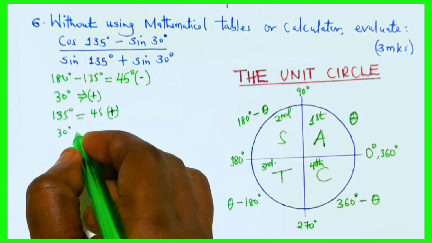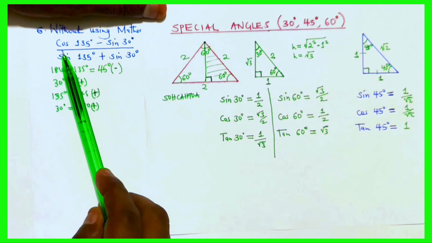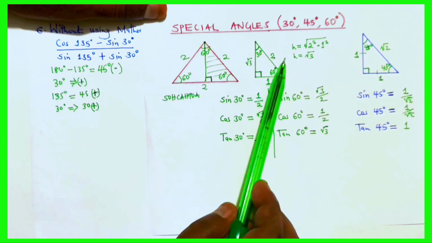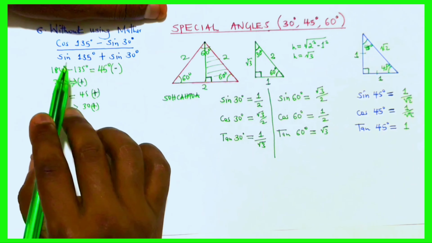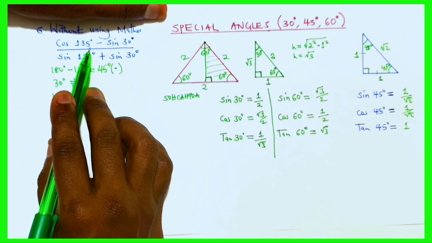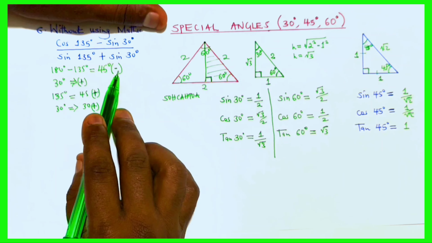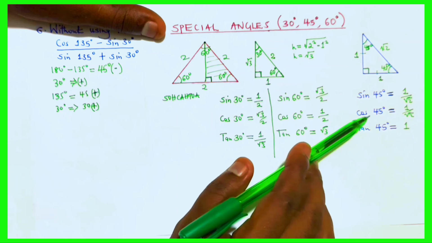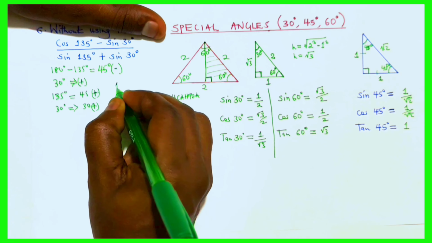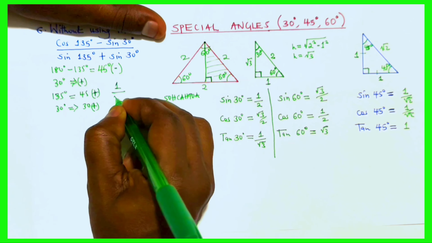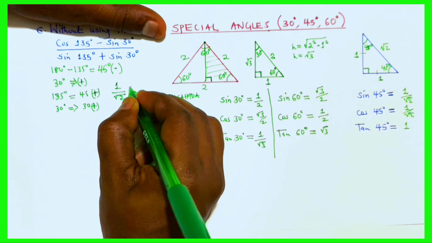So that's it, this will also be positive here. To rewrite this expression with our knowledge of special angles, we are going to consider the fact that cos 135, which we've said will be an angle of 45 degrees but then negative, and we've said that cos 45 is 1 over root 2, so we will simply have 1 divided by root 2, and then we are going to subtract.